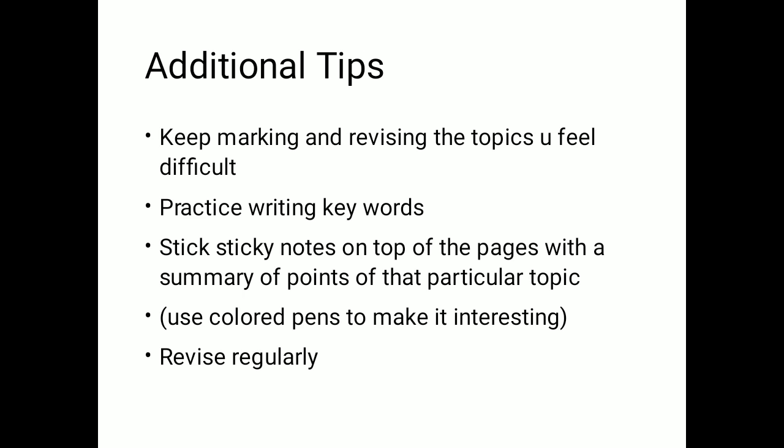Like in your first revision you have marked 1 star, then in the second revision if you are again finding it difficult, then mark it 2 star. So similarly the chapters, the pages, the topics, especially the topics, you should go with topic wise, okay? So the topic which will have more number of stars, that means you are finding it difficult and you have to focus more on those topics, okay? So you just have to keep marking and revising.